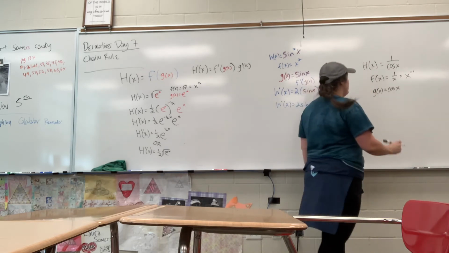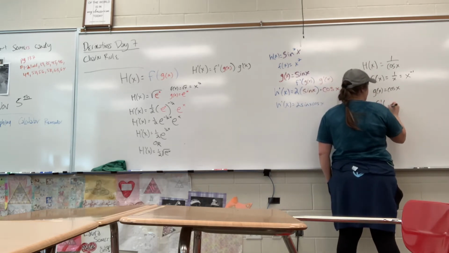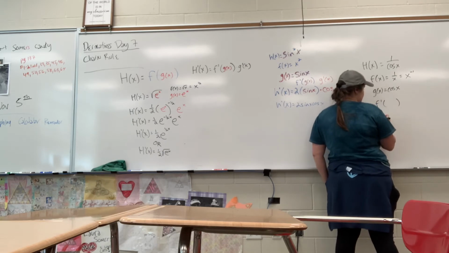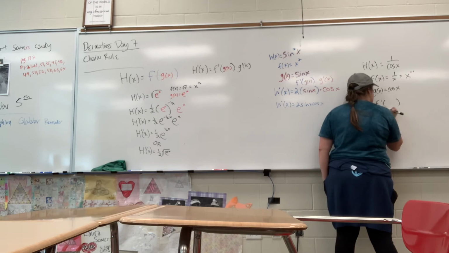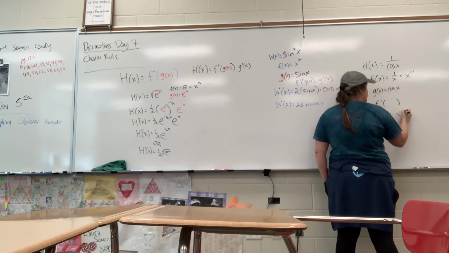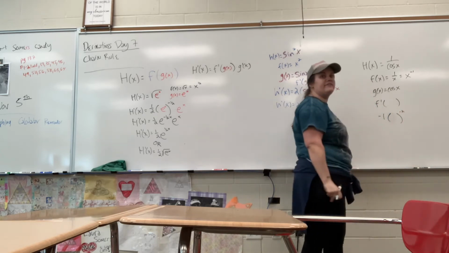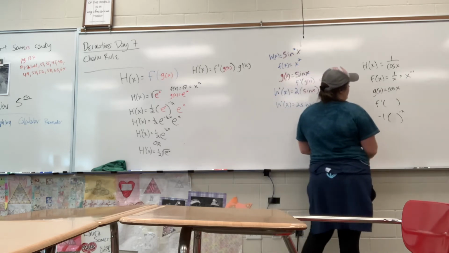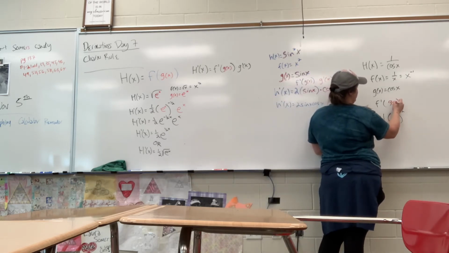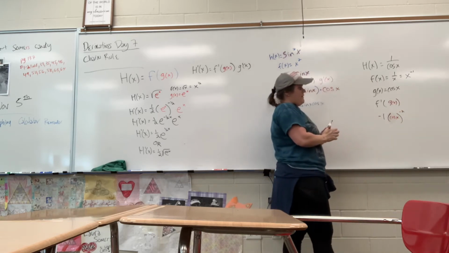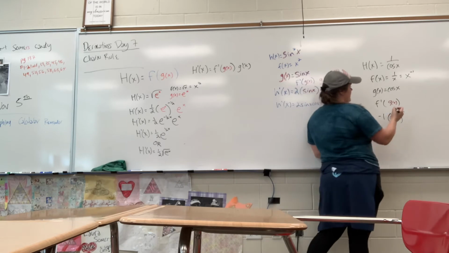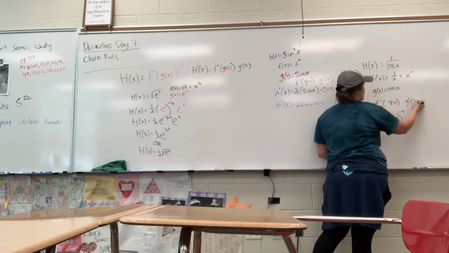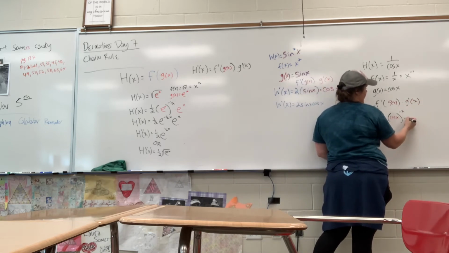So f prime is negative 1 x, no, not x, to the negative 2, so that's my f prime of g, and then times g prime of x.